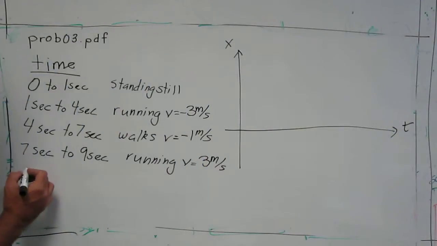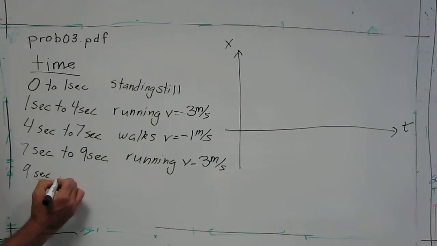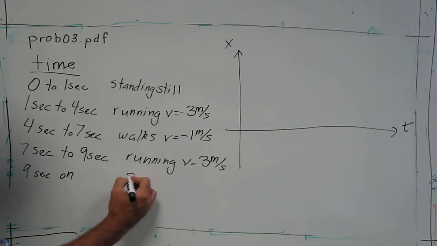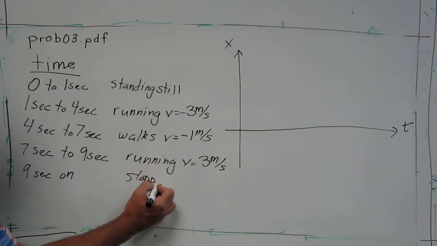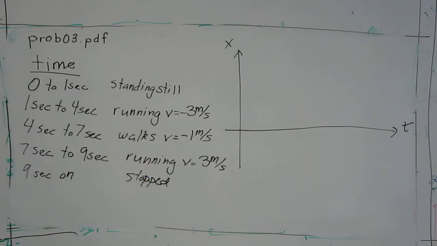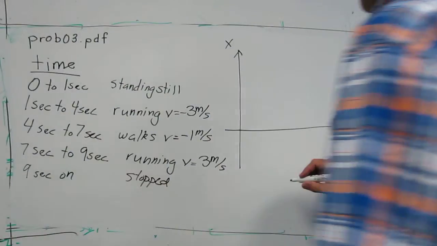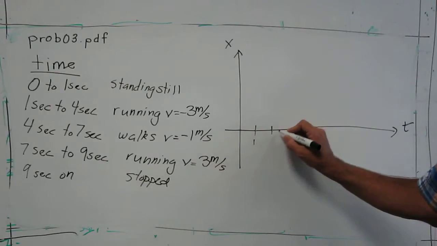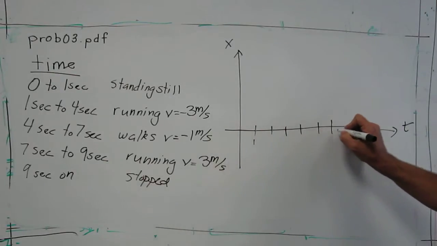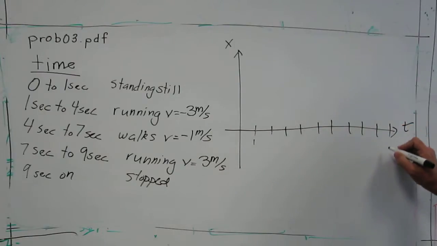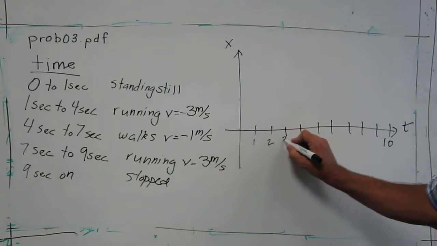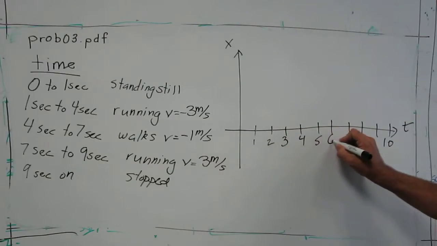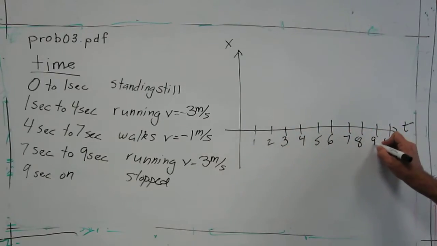So I should write that down: from 9 seconds on, stopped. Okay, so I need to include at least, say, 10 of these. 1, 2, 3, 4, 5, 6, 7, 8, 9, 10. And obviously graph paper would be better, but I don't have graph paper here.